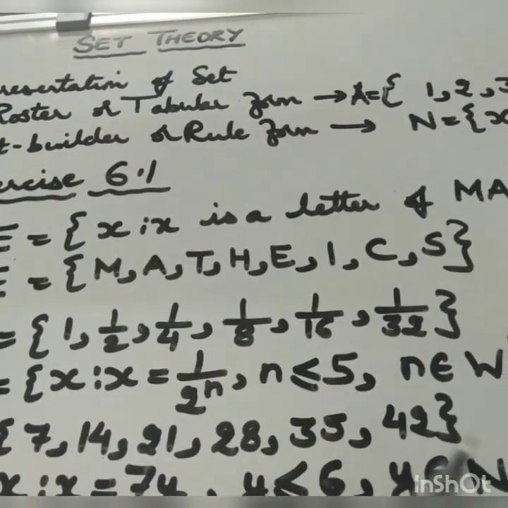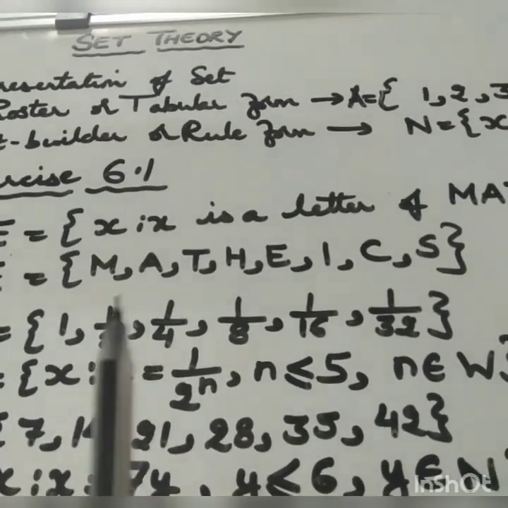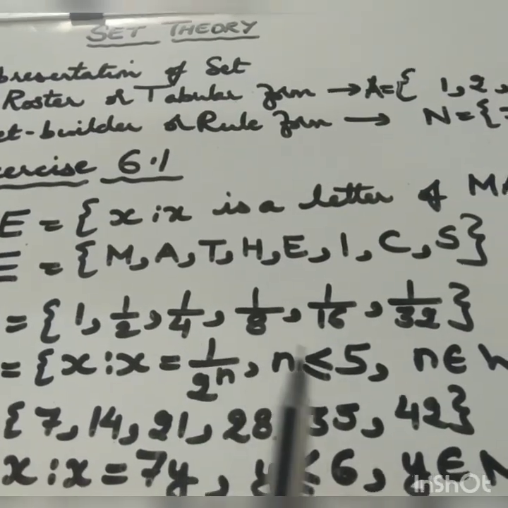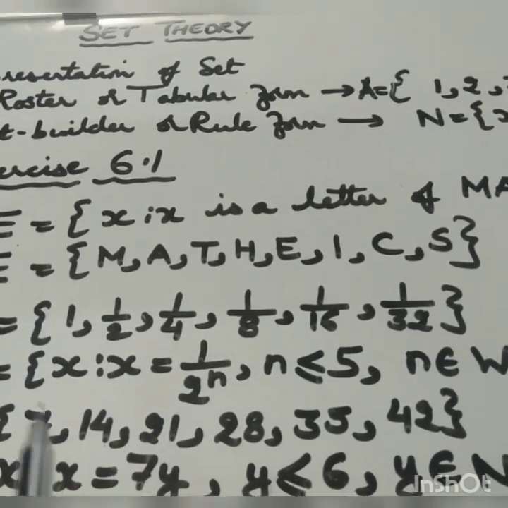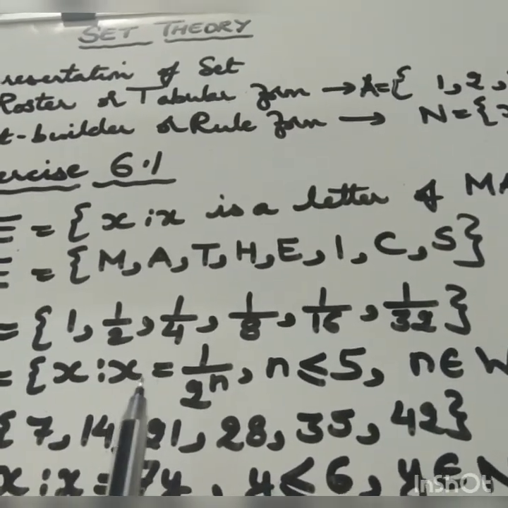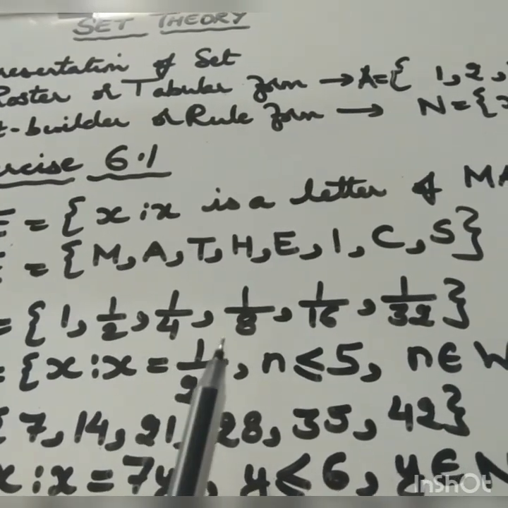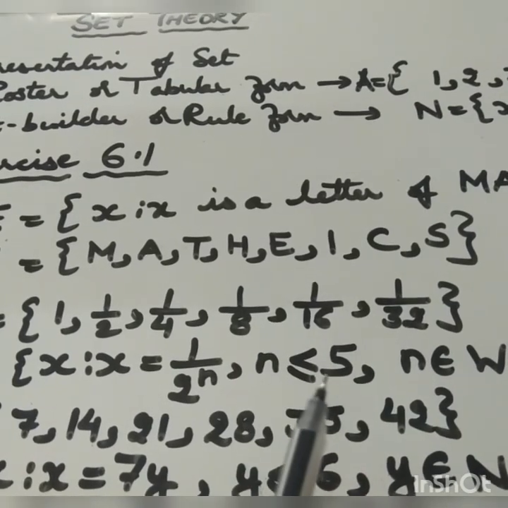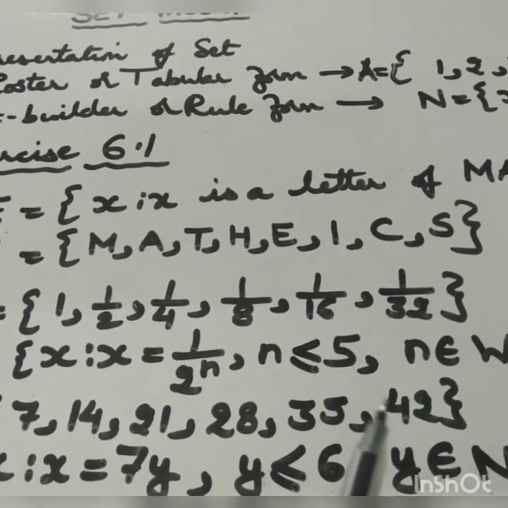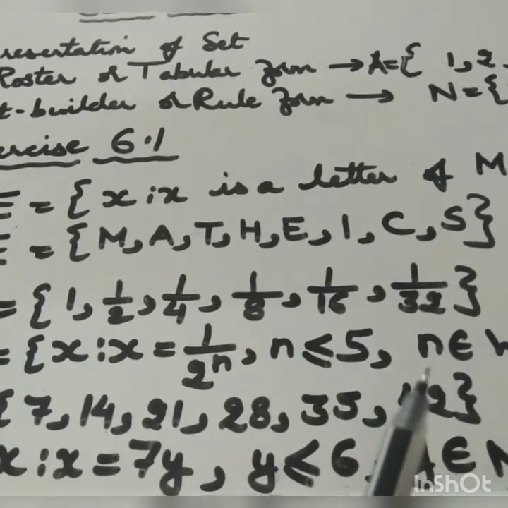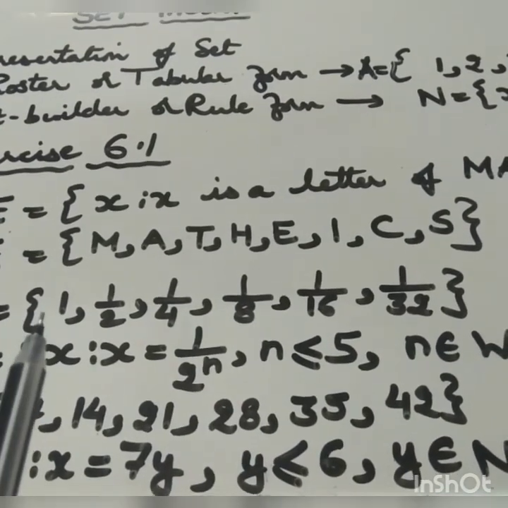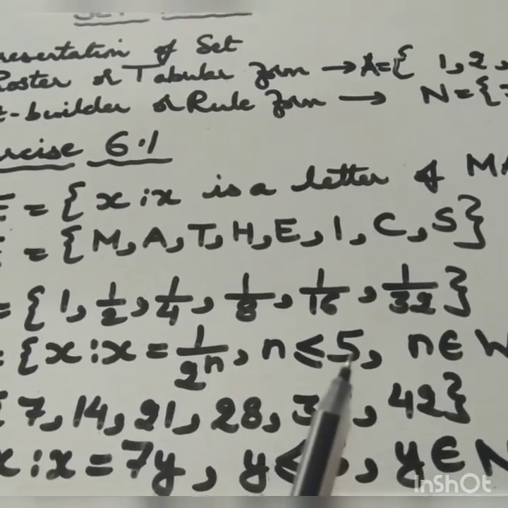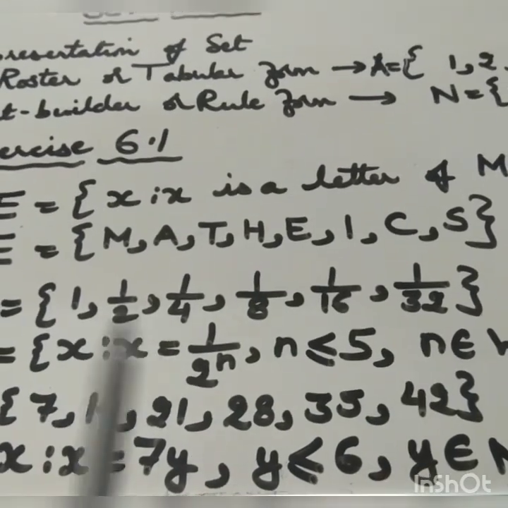I told you to learn the squares and cubes. If you remember, then it will strike to you looking at the elements. Hence, u is equals to x such that x equals to 1 upon 2 to the power n, n is less than equal to 5, n belongs to the set of whole numbers. Starting from 2 to the power 0, you will get up to 2 to the power 5 all the elements.